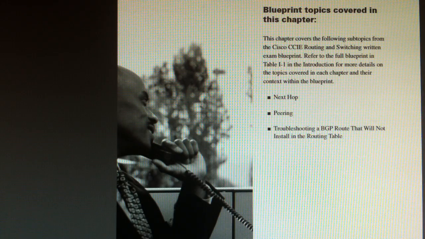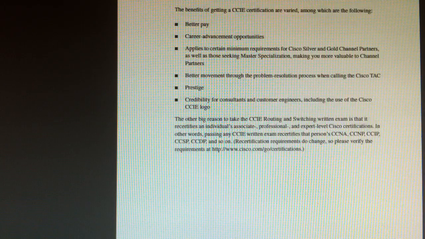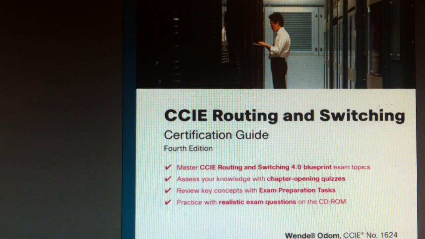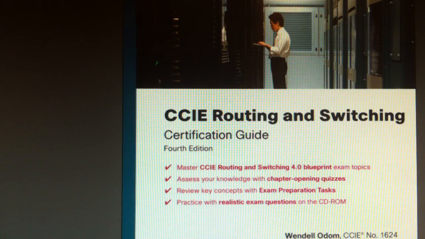This is one, second. CCIE Routing and Switching version 4 certification guide, 4th edition. And if you look right here, Wendell Odom, he's got one of the earliest CCIE numbers I've ever seen.